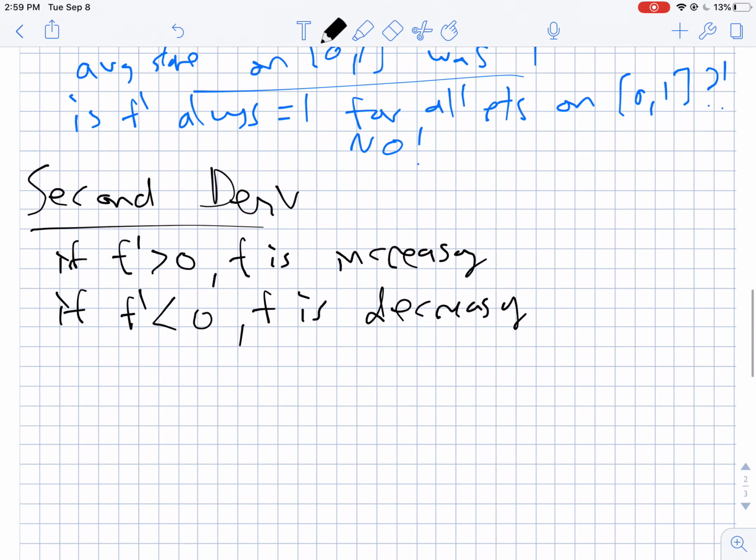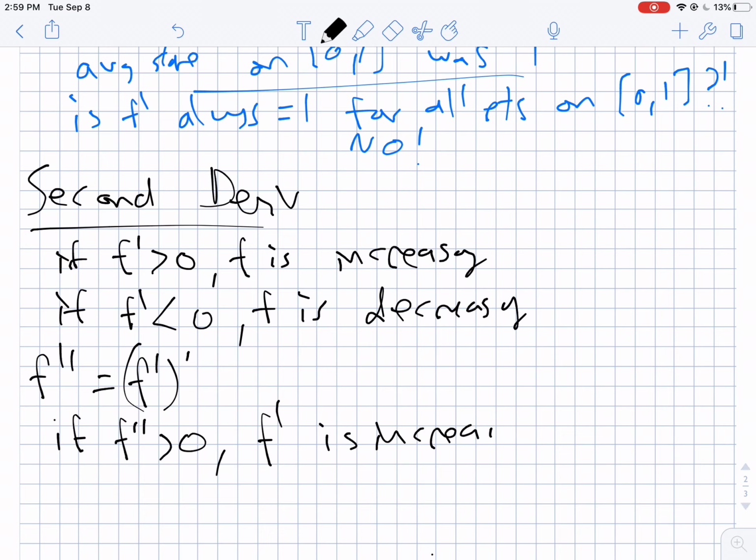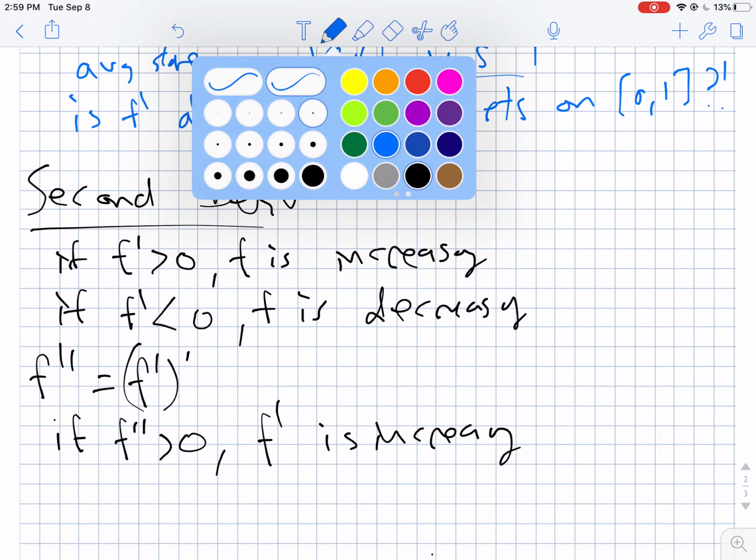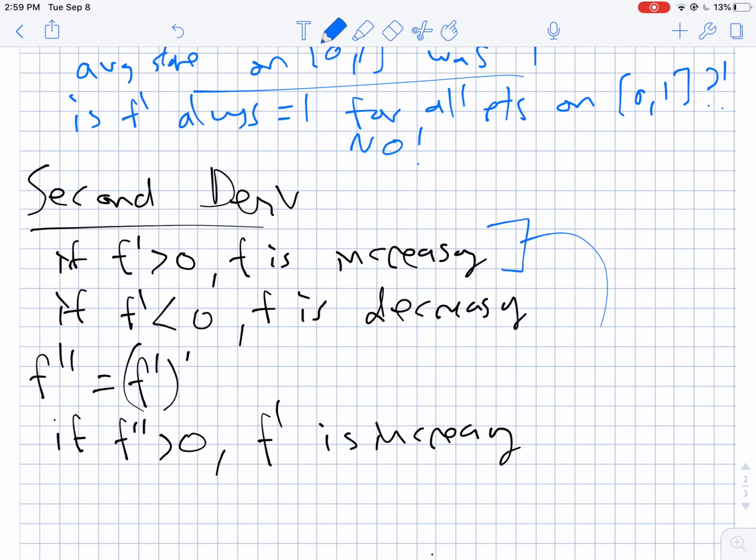Okay, so let's go to the second derivative, right? We know that the second derivative is the derivative of the first derivative, or the slope of the first derivative. So if your second derivative is positive, that means that your first derivative is increasing. All I'm doing right here is the exact same logic from the above statement, and just replacing f with f prime.